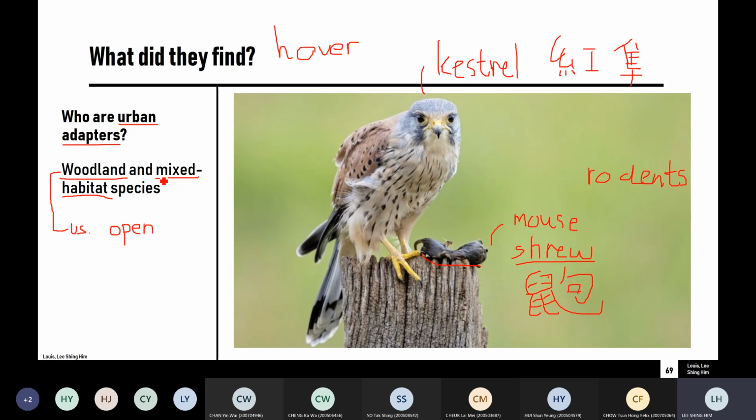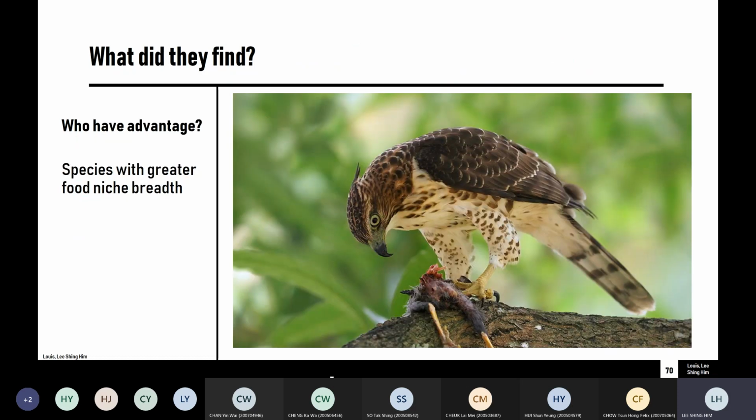But woodland species and mixed habitat species, they are more specialized to live in urban, perhaps because of their ability to hunt in rather dense or compact environments.